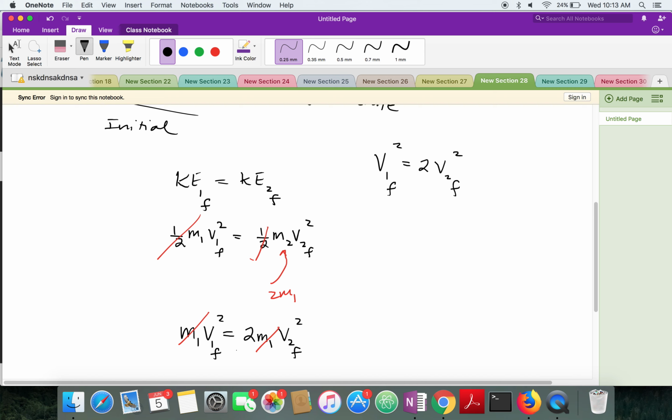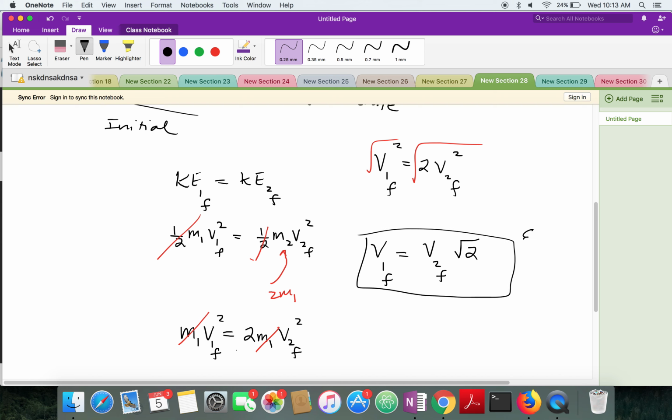Let's take the square root of both sides here. I think that'll make life a little easier. What we're going to get is that v1 final is equal to v2 final times radical 2, because the square comes outside the square root as a perfect square, but 2 doesn't. Okay, so this is one equation right here.